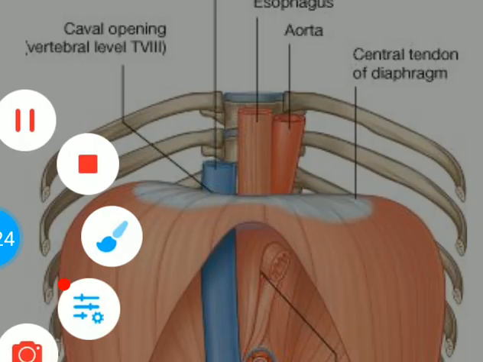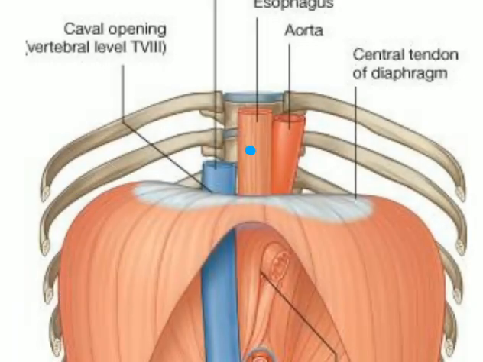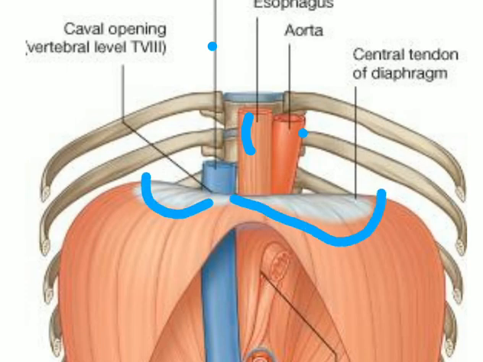So this is right here. What you're observing is the esophagus, descending aorta. We have the inferior vena cava over here. This is the central tendon of the diaphragm, and this is the diaphragm muscle that forms the inferior border of the thoracic outlet.